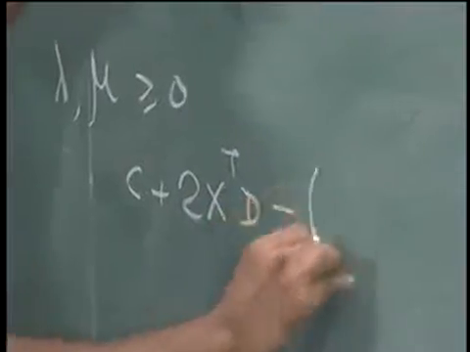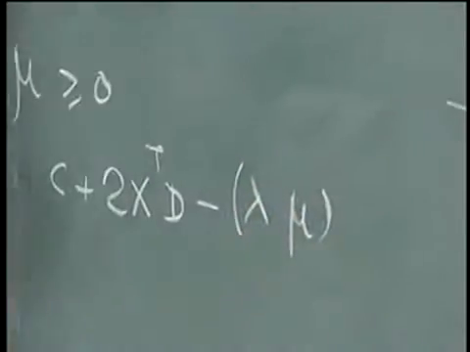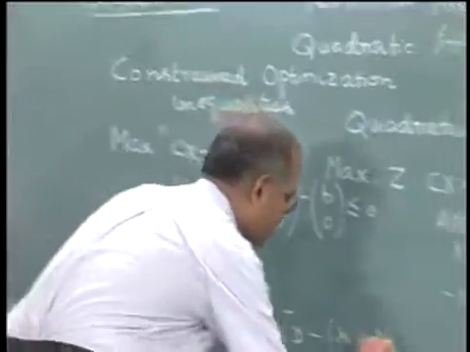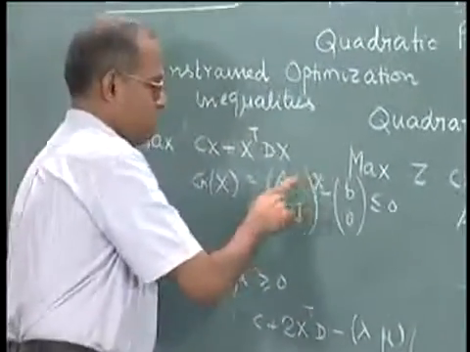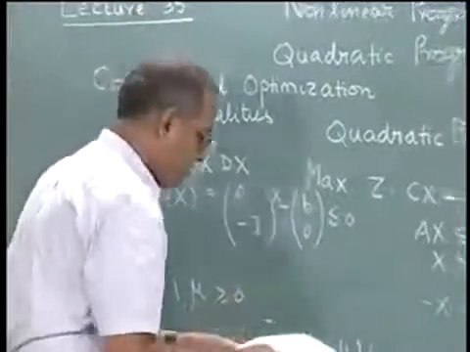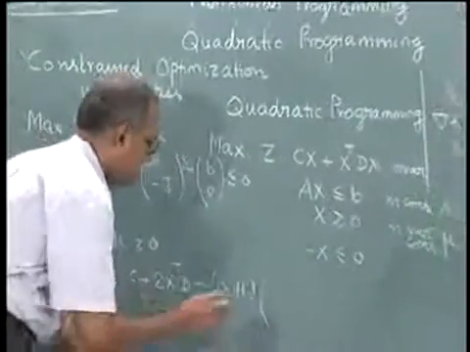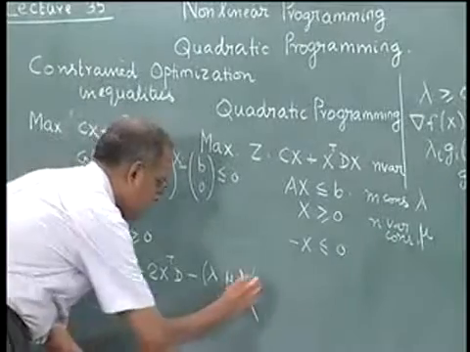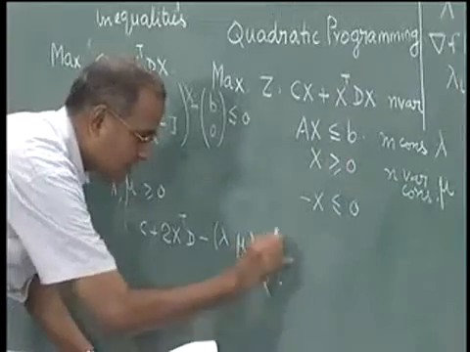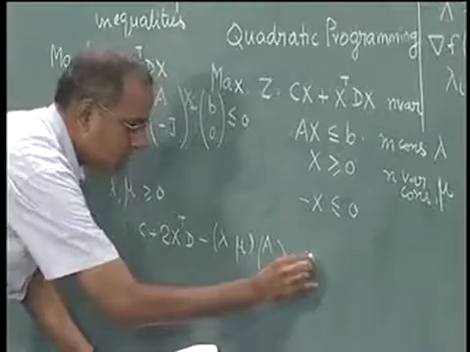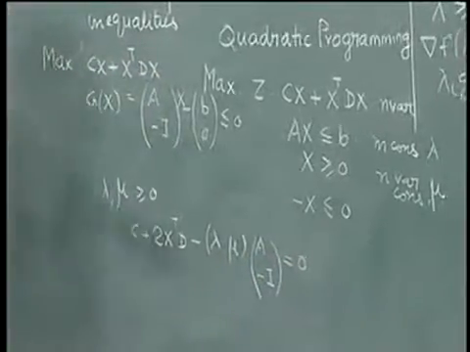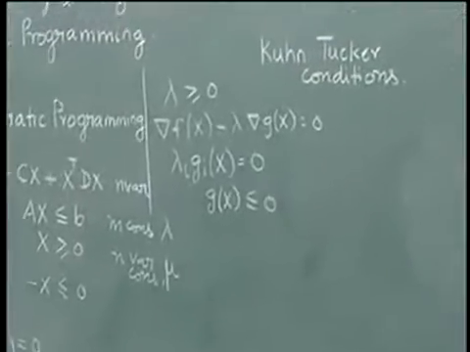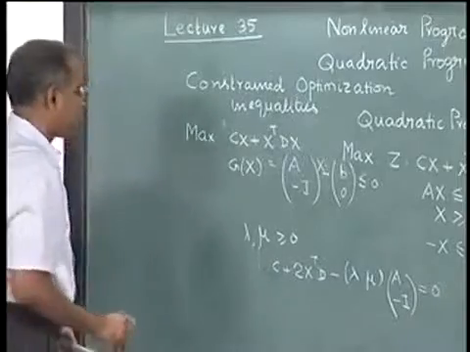This will become minus lambda, mu, because it is the set of Lagrangian multipliers. Del g(x) will be Ax on differentiation, so you get A and minus I, equal to 0. So del f(x) minus lambda del g(x) equal to 0 gives this equation for us.